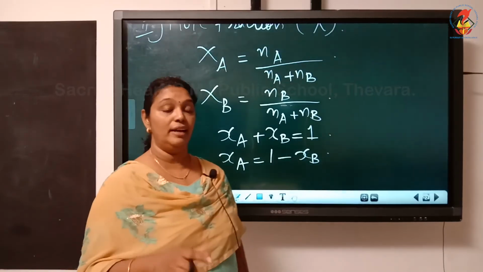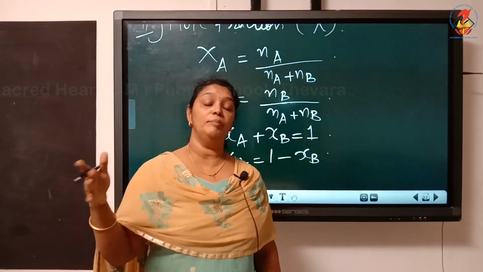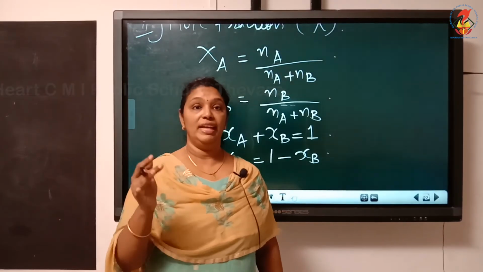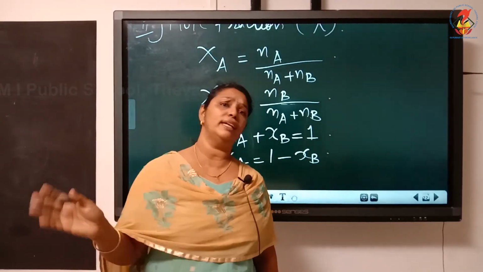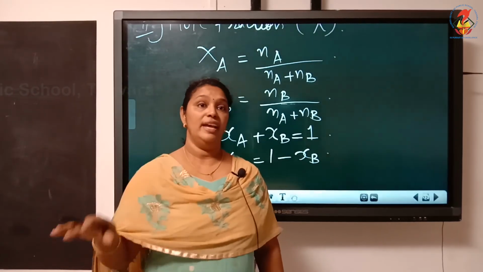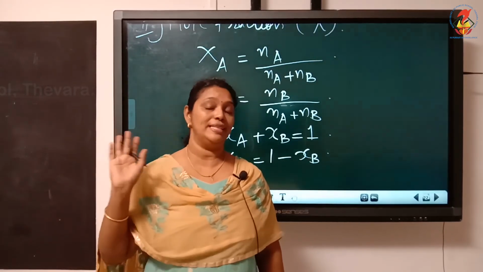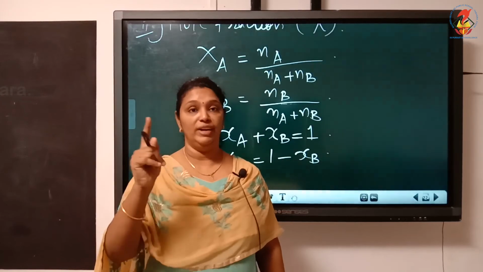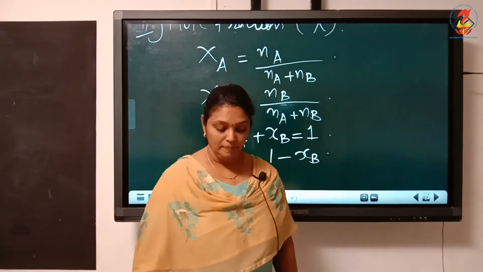If there are I components in a solution, the sum of mole fraction of all the components, XA plus XB plus XC plus XD and so on up to XI, will be equal to 1. It is equal to unity.